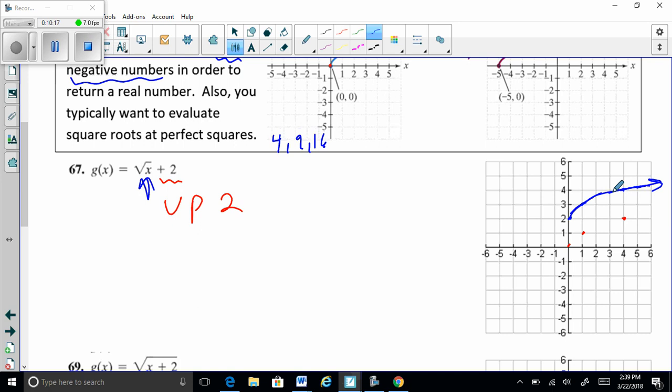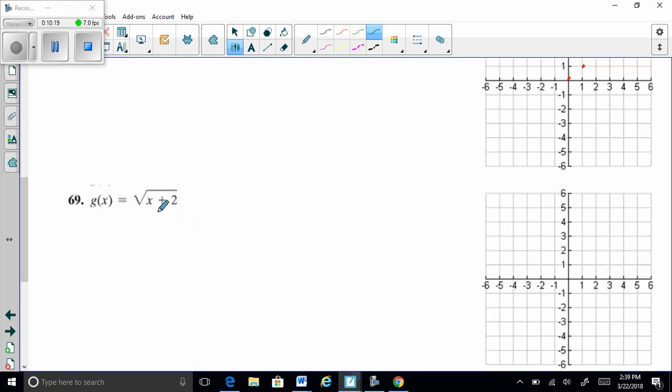Okay, this next one, we have the +2 inside. So remember, you're going to do the opposite of what you would really think. You're actually going to move to the left 2. Once again, we'll take these 3 original points and we'll move to the left 2.